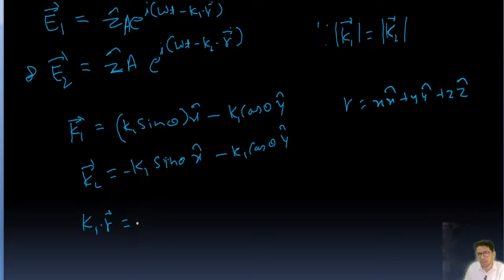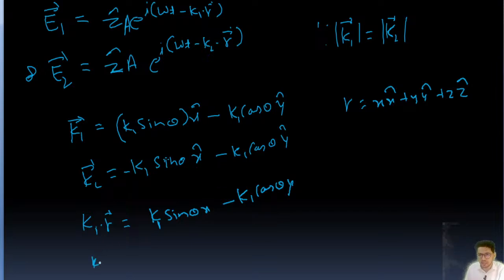Now k1 dot r is going to be k1 sin theta x minus k1 cos theta y, right?